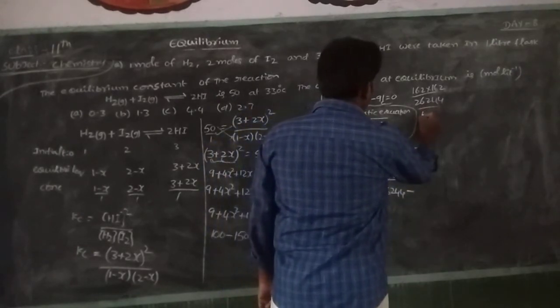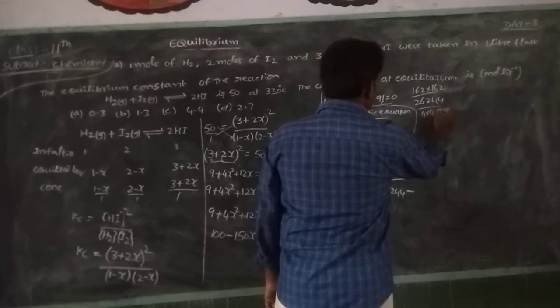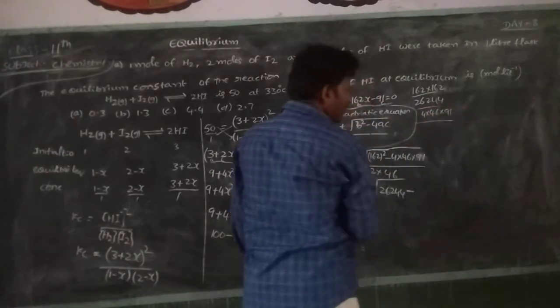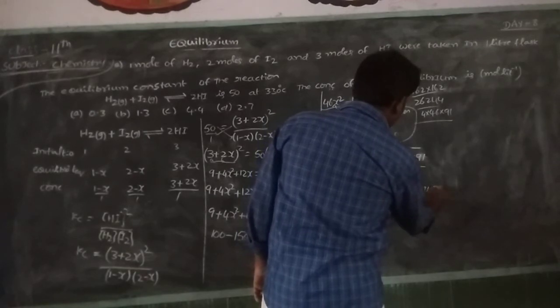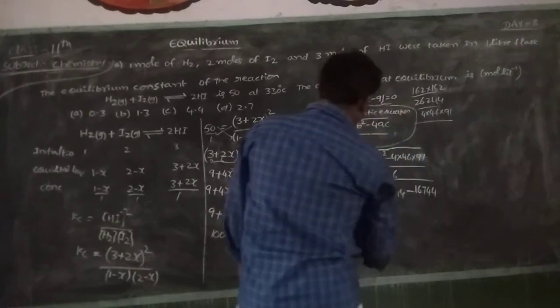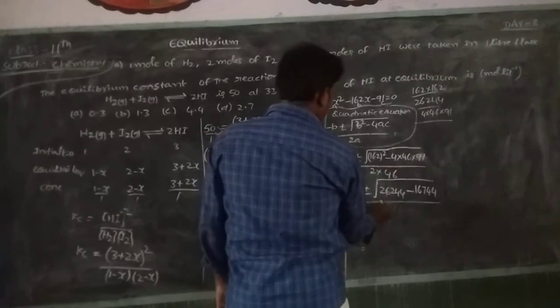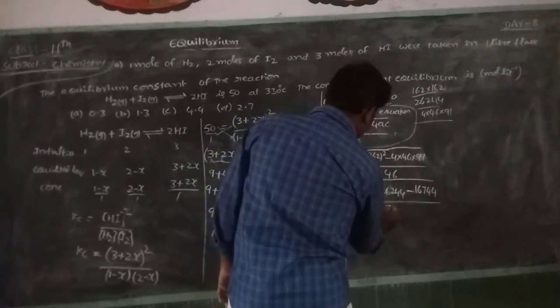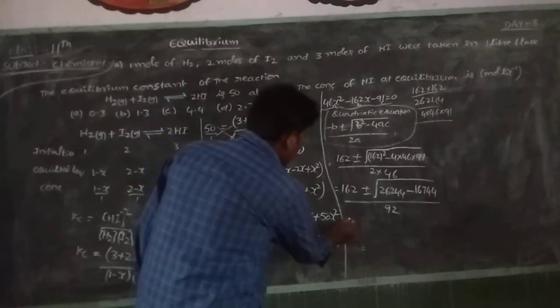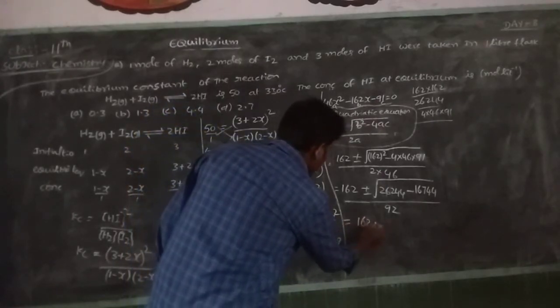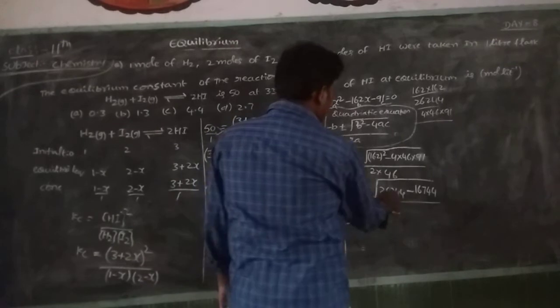You have to calculate 4 into 46 into 91, that is 16744, by 92. And another one, 162 plus or minus root of 26244 minus 16744.